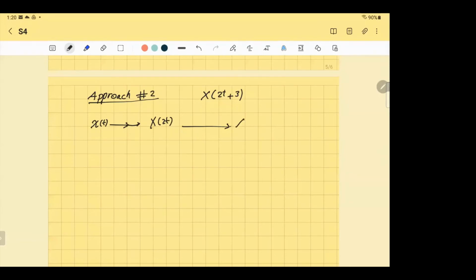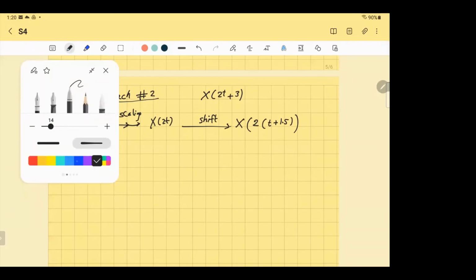You will say x and you take 2 as a common factor. So what's left? t plus 3 over 2, which is 1.5. And that will be the shift. And that will be the scaling. I will sketch the original function, and we'll do together the second approach.